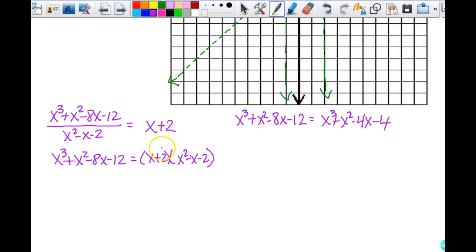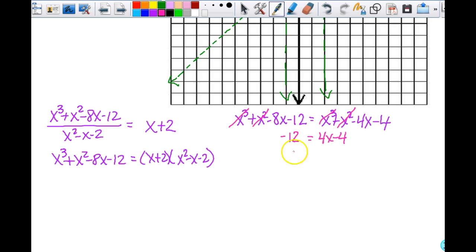That's what you get once you multiply that out and combine like terms. Now when we start to solve this, if I subtract x cubed from both sides, those cancel out. Subtract x squared from both sides, those cancel out. I'm going to keep my x's positive, so I'm going to add 8x to both sides. That'll give me negative 12 equals 4x minus 4.